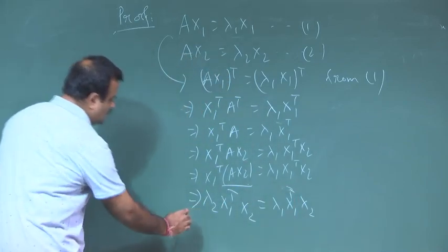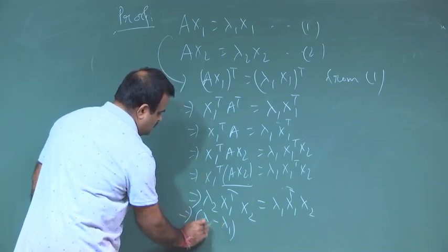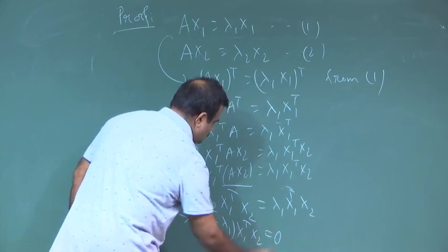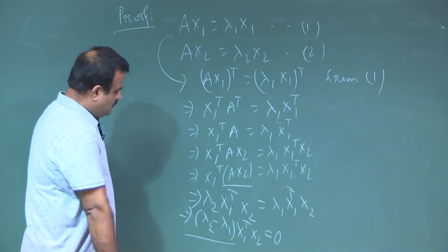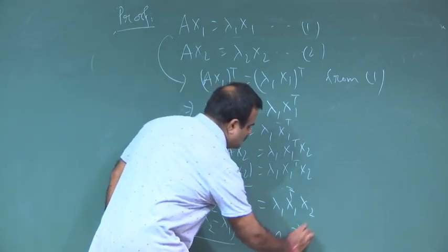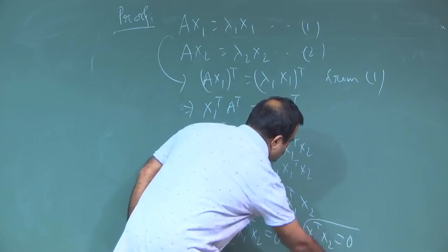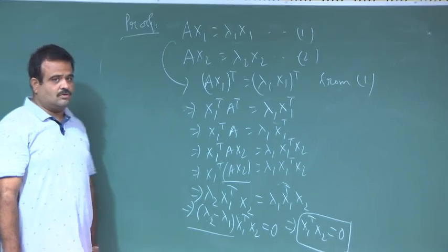So, now we can bring this to one side. So, (lambda 2 minus lambda 1) x 1 transpose x 2 equal to 0. But lambda 1 is not equal to lambda 2, so this is non-zero. So, this has to be 0. So, this implies x 1 transpose x 2 is equal to 0. So, that means they are orthogonal. So, x 1 and x 2 are orthogonal.